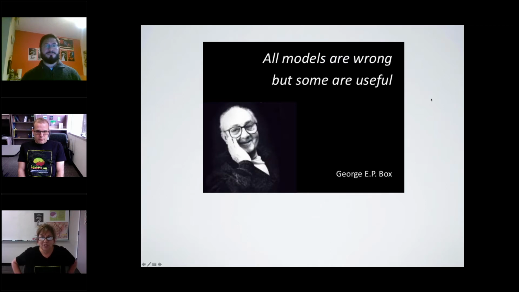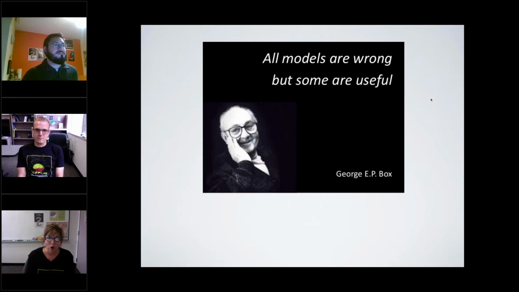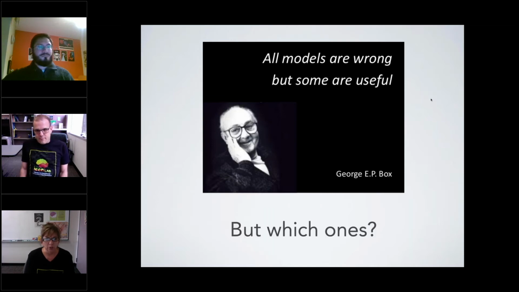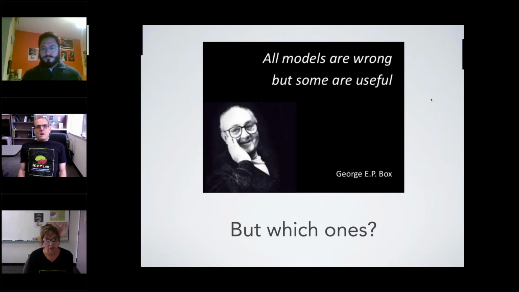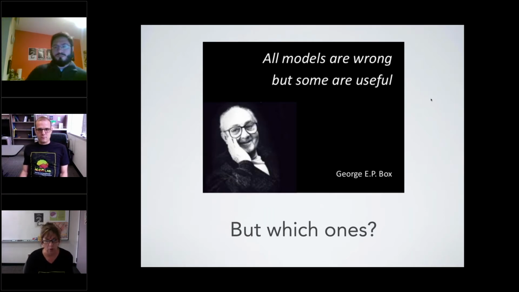So some of you might have seen this quote from George Box, that all models are wrong, but some are useful. And I think it's important for us to keep this in mind as we create our models. And when we think about how do we determine which models are useful, we're really looking at the question of trying to formalize how we think about our models, how we think about what it is that we're doing when we constrain them, what kind of data are we using to constrain our models, and what kind of tests are we really using when we say that our model is a good model.